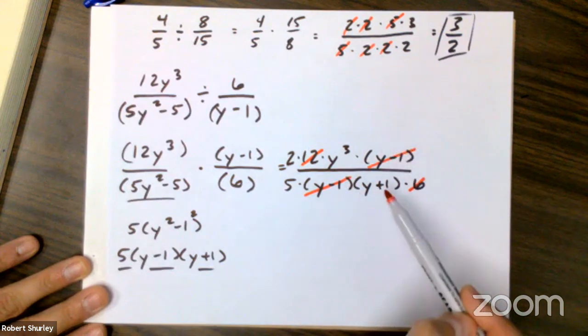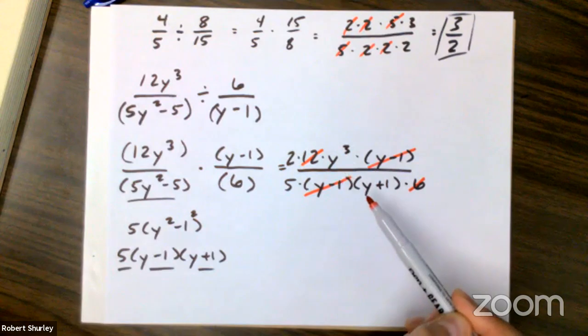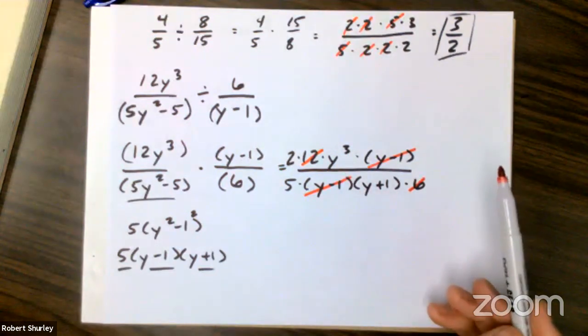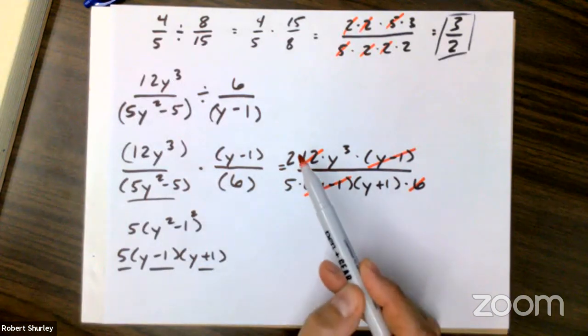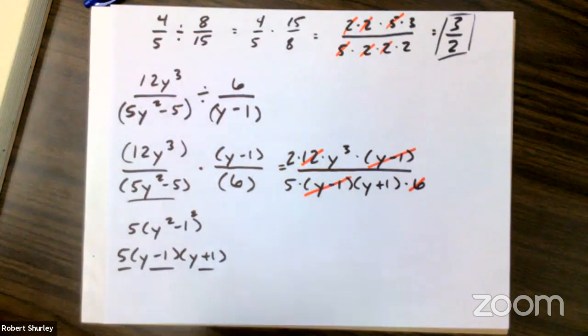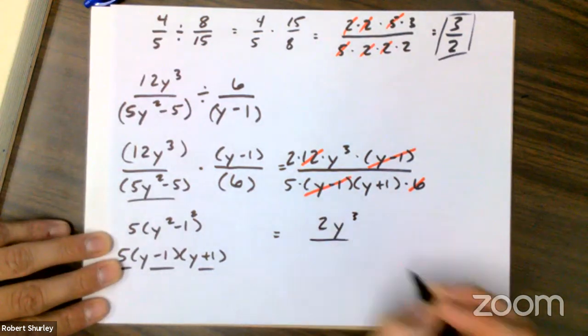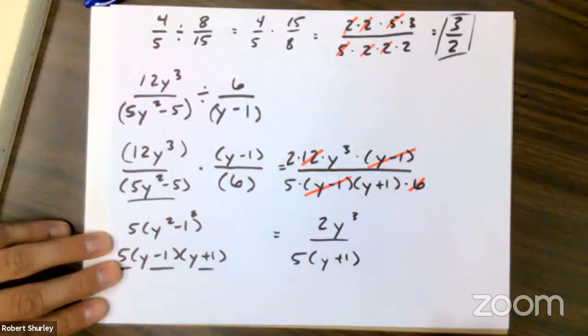That's why I make these parentheses, okay? I can't cancel this y cubed with that y because it's inside of parentheses. That's one of the reasons I do parentheses from the very beginning. And then we got the 2 and the 5. So yeah, we're done. This turns out to be 2y cubed over 5 times y plus 1.